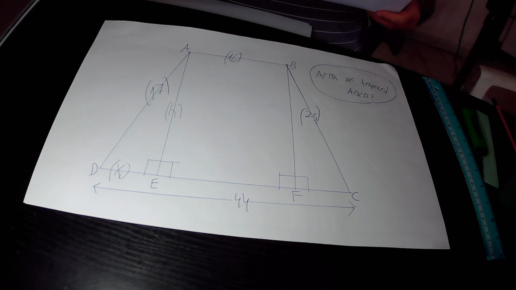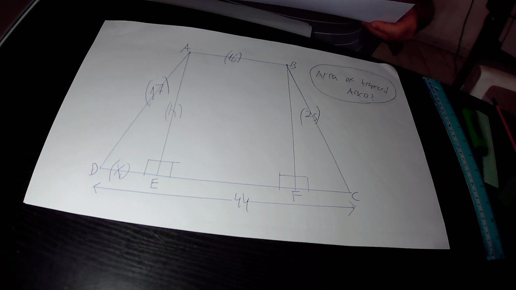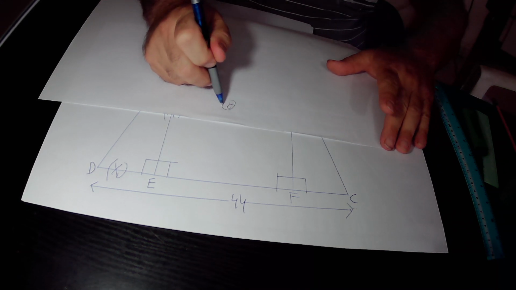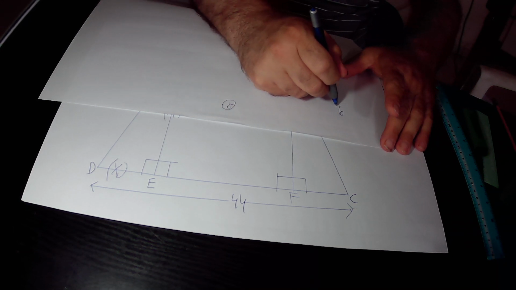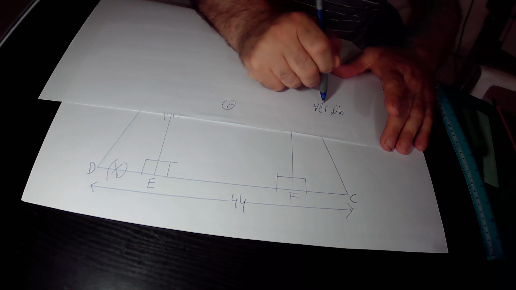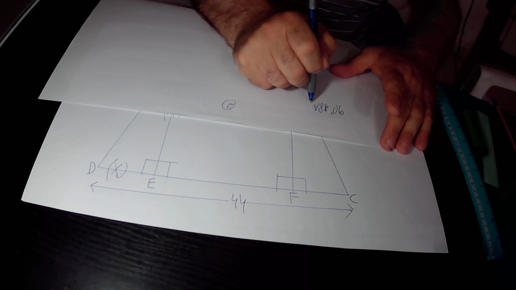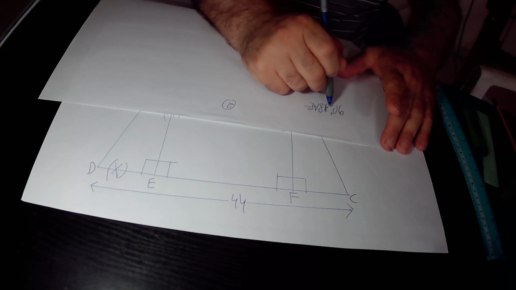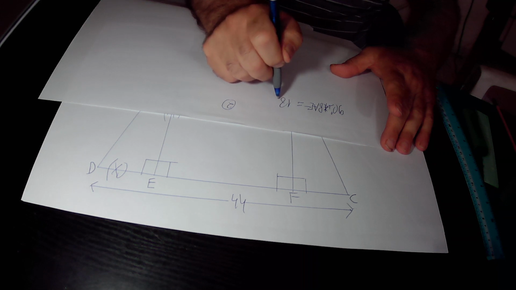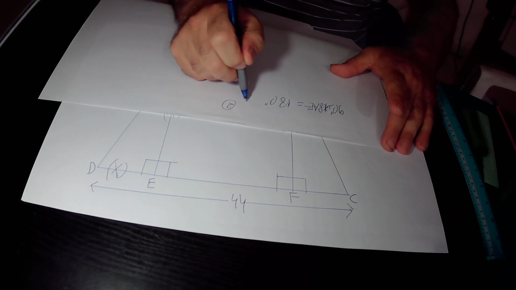So actually, according to Rule 16, 90 degrees plus the missing angle BAE, in total the sum of those two angles is equal to 180 degrees.